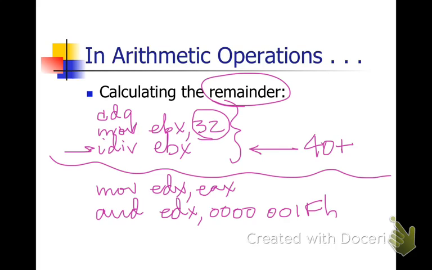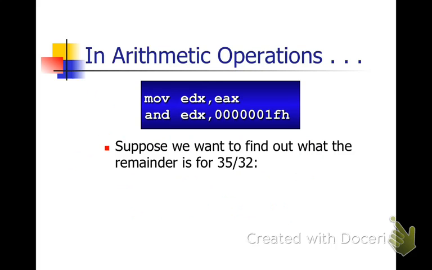Okay? And you say, oh my gosh, I have no clue why you're doing this, what you're doing, what it's going to do. Well, let's walk our way through this. Okay? All right, let's suppose we're dividing 35 by 32. When we do that, I know my quotient is 1, my remainder should be 3. Okay? So let's set this up. Let's set up this instruction in a way that's going to help you do this evaluation.